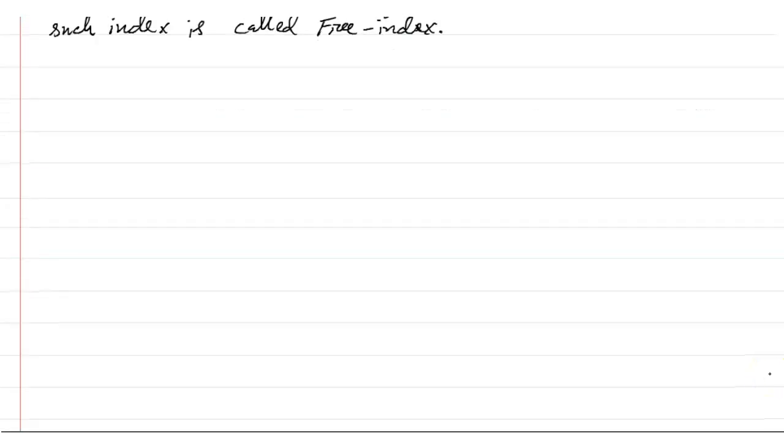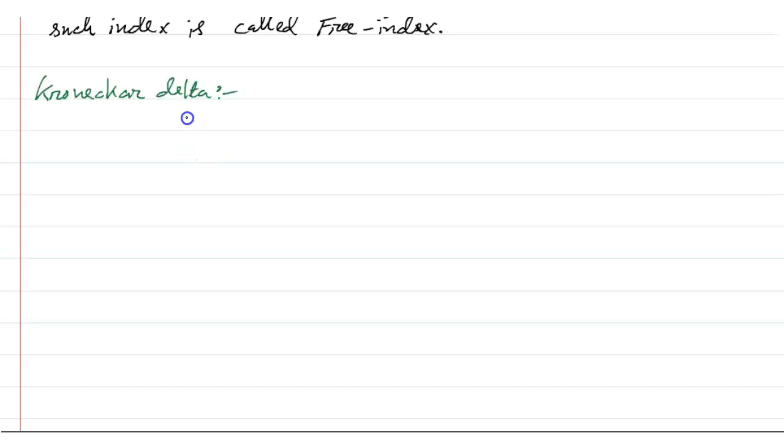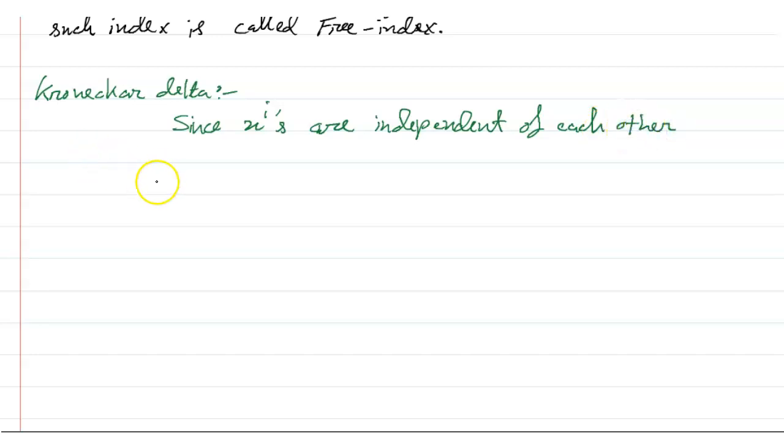Now let's start to discuss the Kronecker delta. Since x to the power I are independent of each other, dx to the power I divided by dx to the power j equals 0 if I does not equal j, and equals 1 if I equals j.